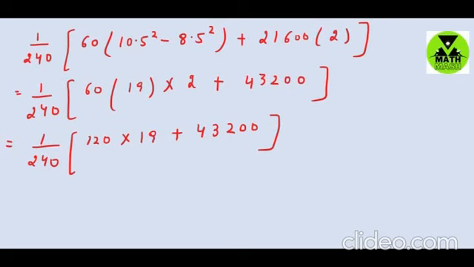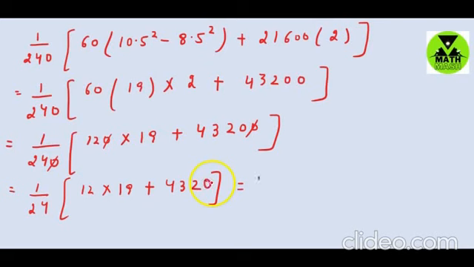I think we can take 120 common from this. So the 0 cancels out from here, and this is simply 1 by 2. This is 12 into 19 plus 432. So the final answer is coming out to be 189.5. You can use a calculator for this. So this is coming out to be 189.5.